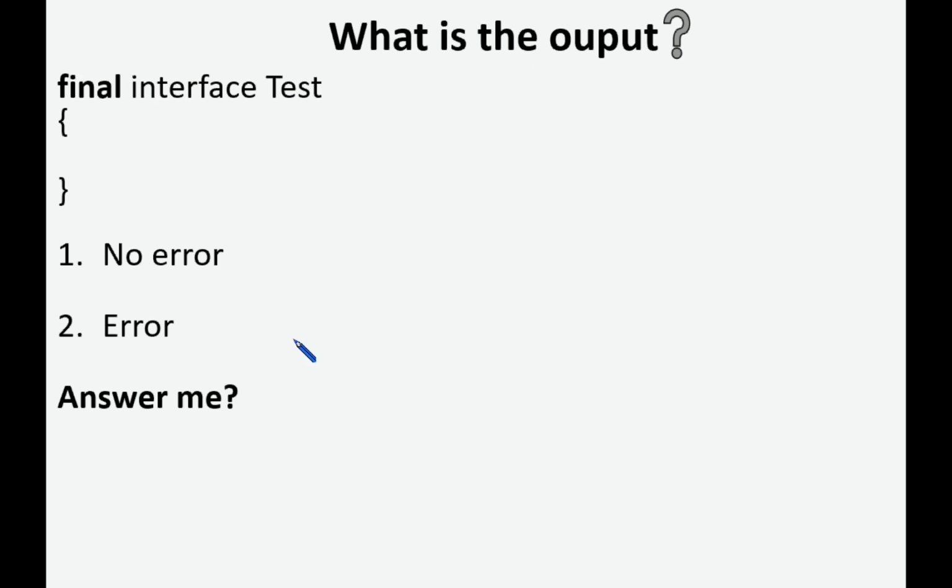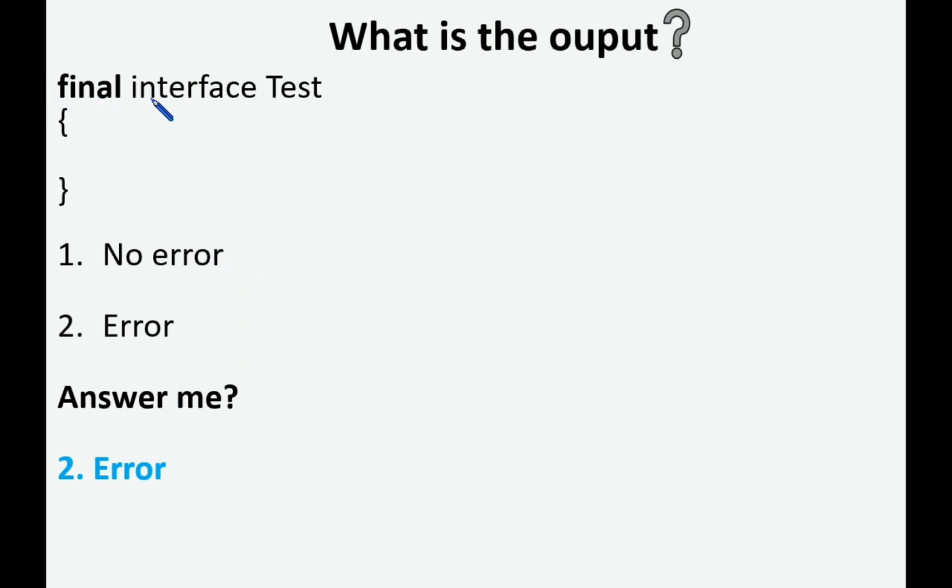So what is the output here? Instead of the abstract modifier, here we are giving the keyword final. Now what will be the output? Whether it shows an error or no error. Yes, error. So why is it an error? Interface and final are two mutually exclusive concepts.